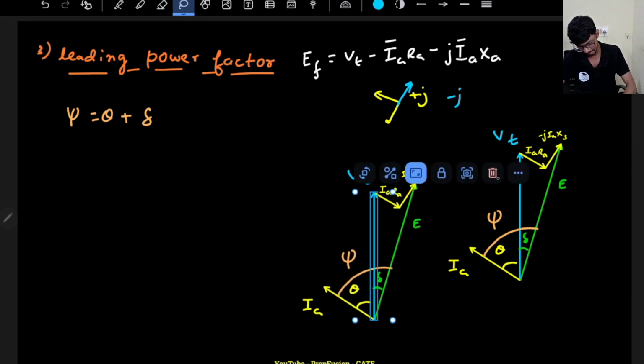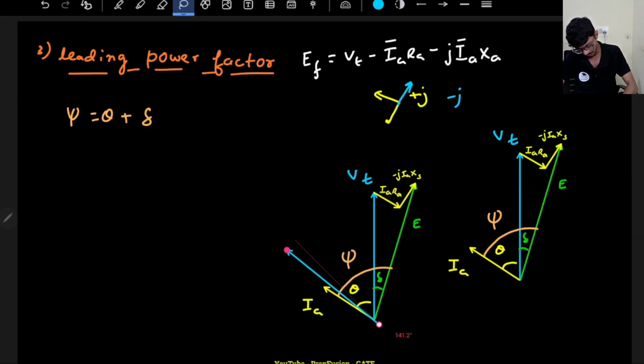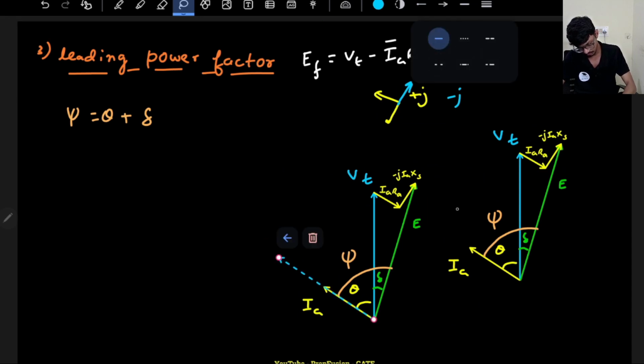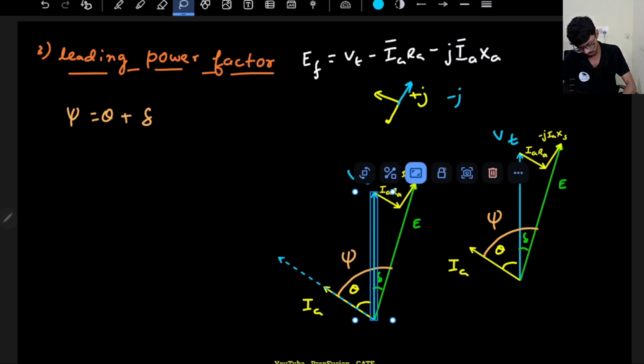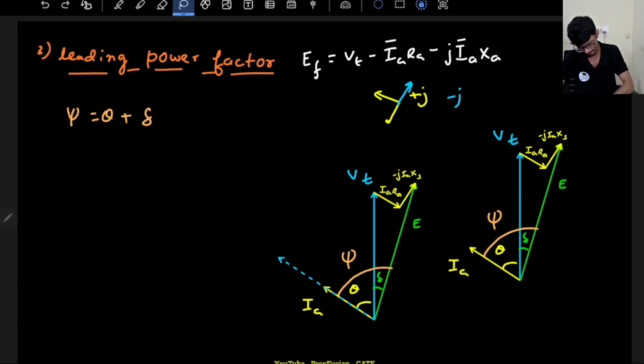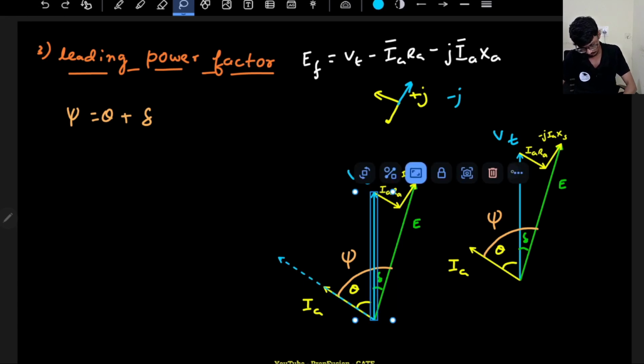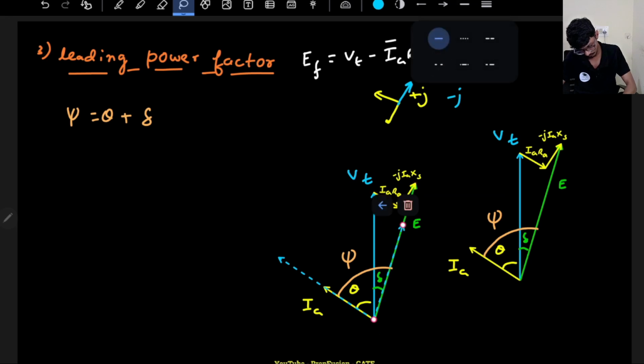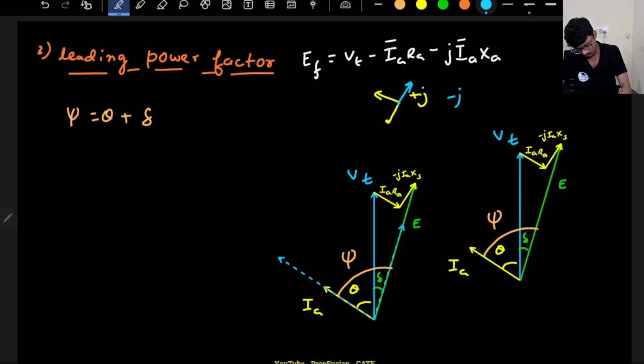If I keep it over here, this VT will have two components, one along IA and one perpendicular, projections basically perpendicular to IA. So this will be VT cos theta, and this will be VT sin theta.